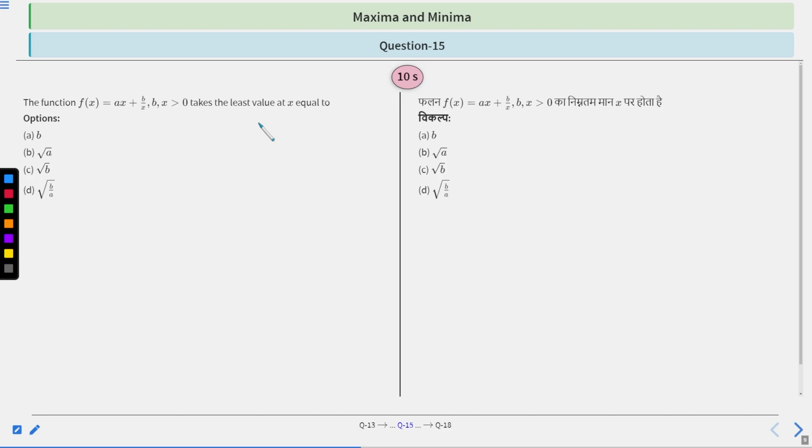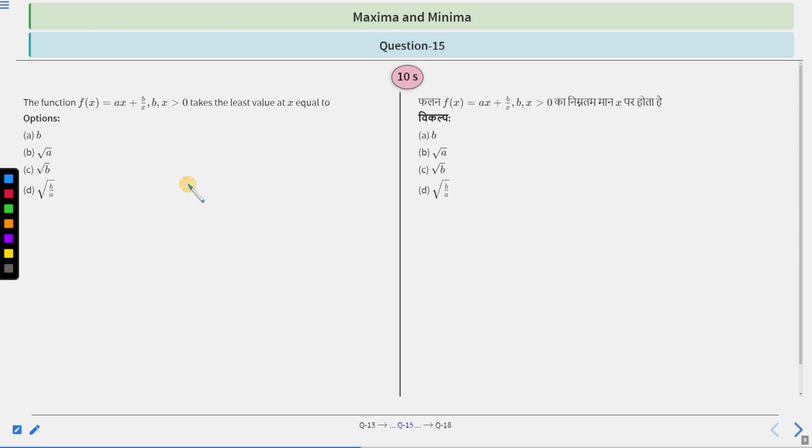for maxima and minima, first we will calculate f dash x, right? So the hint is first find f dash x and put it as 0, right? So you will get the critical point in terms of a and b, right? And for this function to attain a least value, you must calculate f double dash x, right?